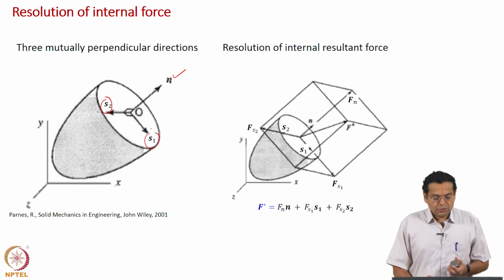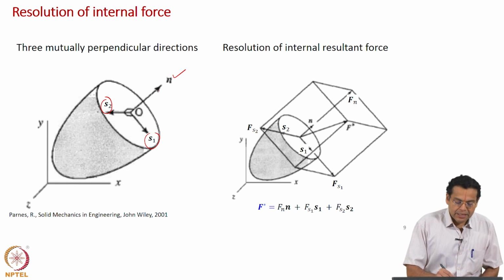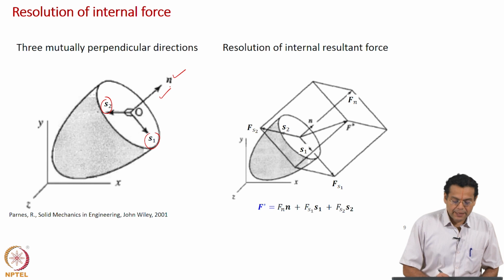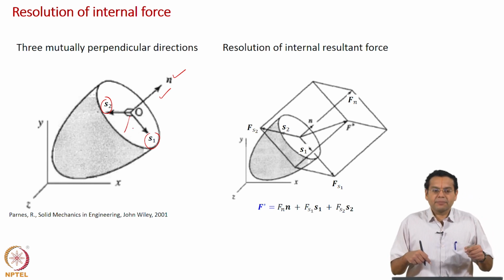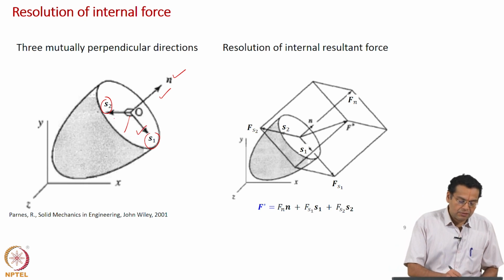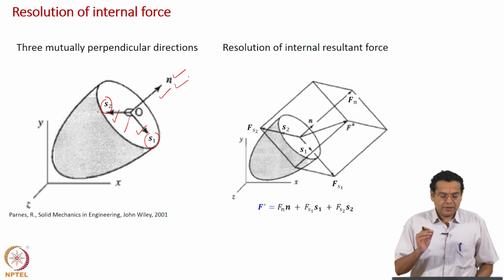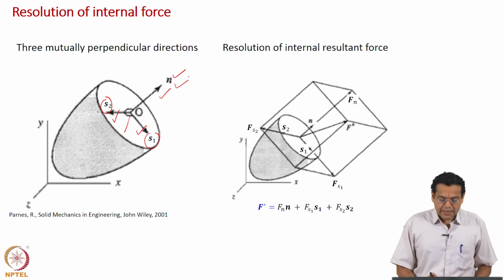Now, the question arises, why should I take 2 directions on the surface? The reason is that, let us say you resolve one normal to the plane and one on the surface, that one on the surface can again be resolved into 2 further components. That is why we take 2 directions on the surface of the plane and then of course one normal to the plane. So, we have chosen 3 mutually perpendicular directions.